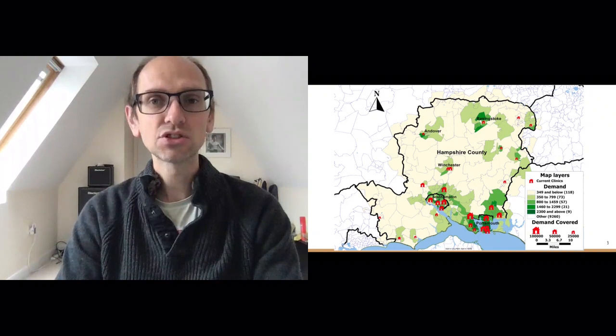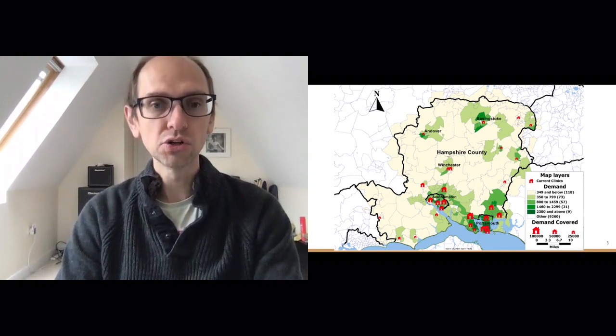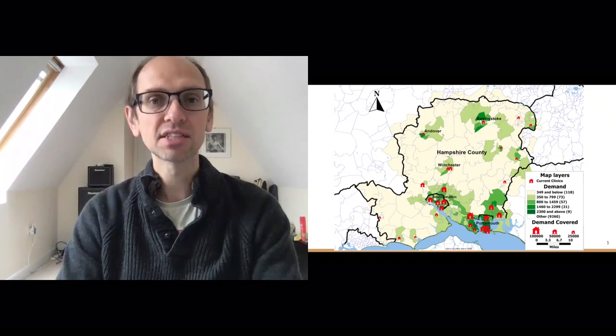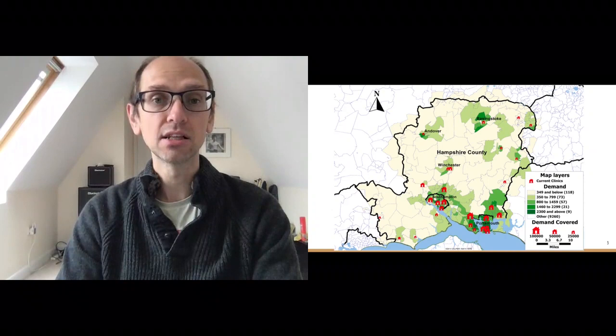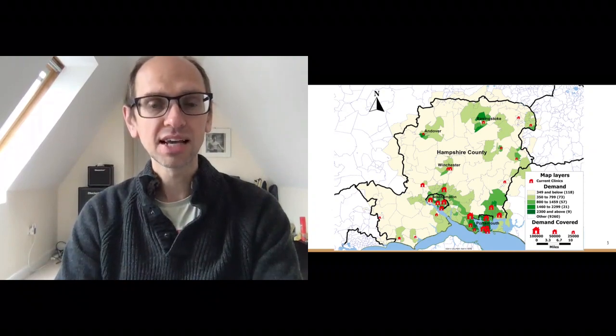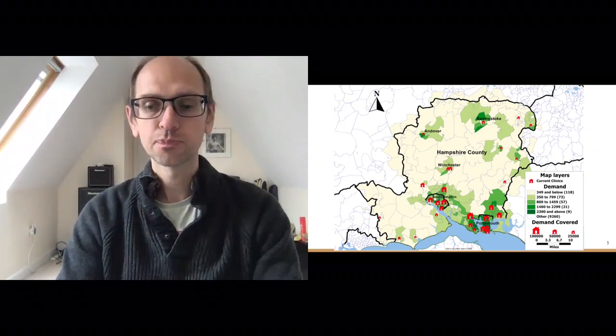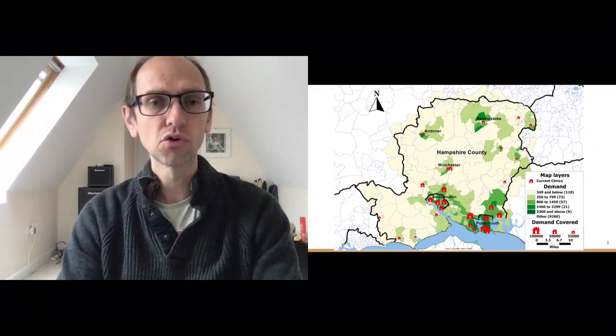So they were keen to think about, if they consolidated to a smaller number of facilities, how many facilities should they choose and where should they be located? So it was a classic optimization problem, and too many locations to enumerate all possible solutions.